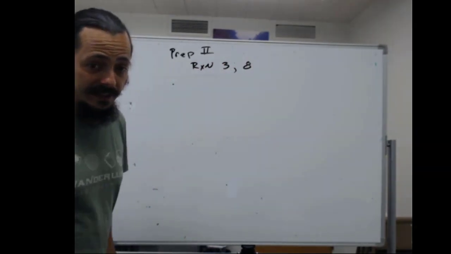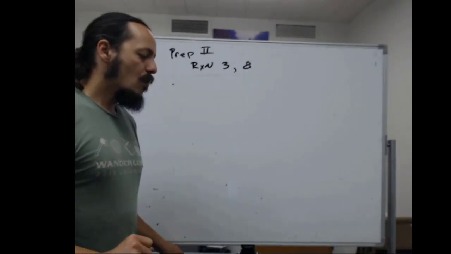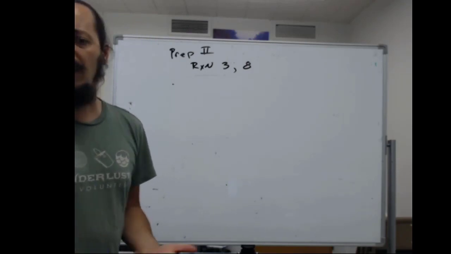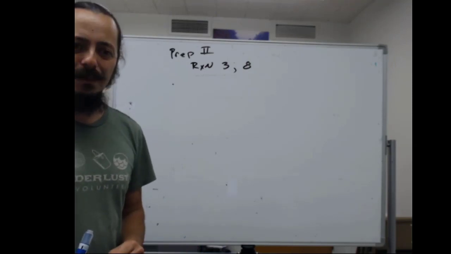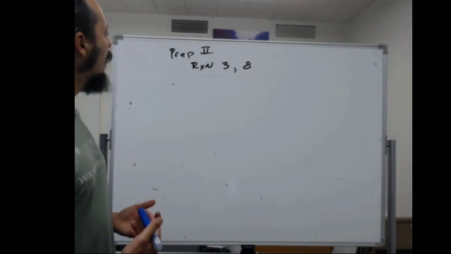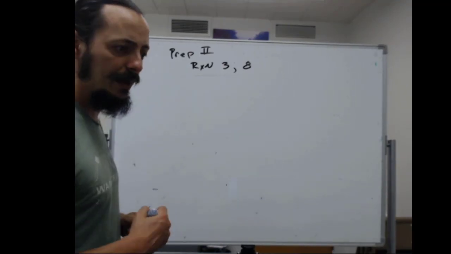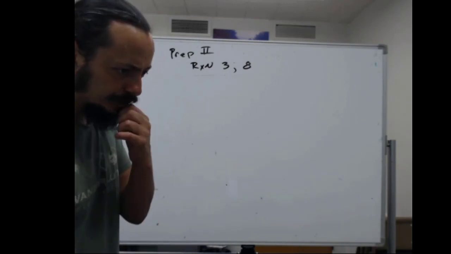One of the things that's interesting, I was talking about this before I started recording, is that when all of you look at these two reactions, you probably think, oh, they're not related. But when I look at them, I see how they're the same. And that has to do with this general question: how do we categorize chemical reactions? How do we make sense of what's actually happening? So reaction 3 first, and then we'll get to reaction 8.